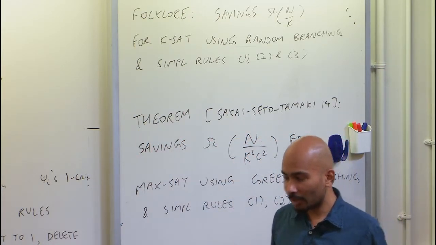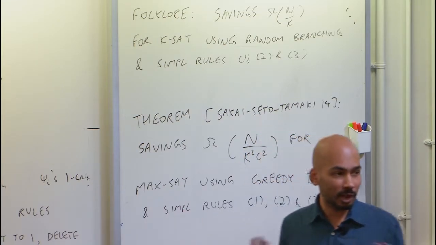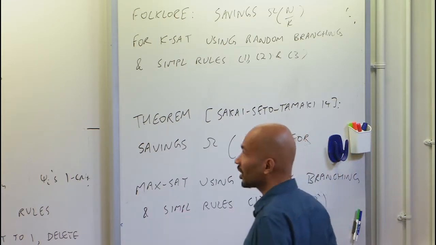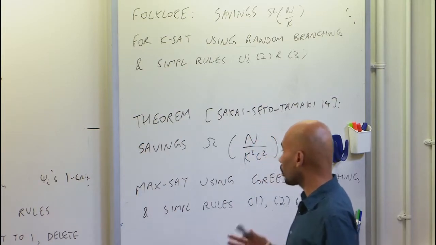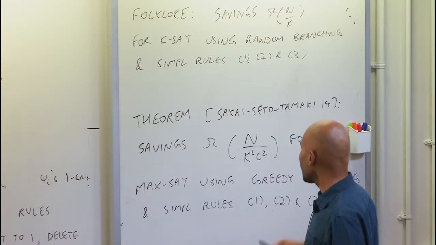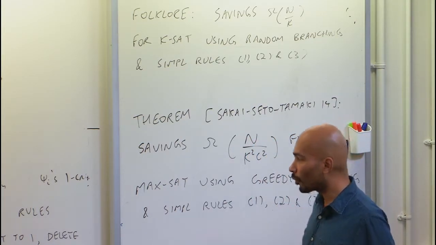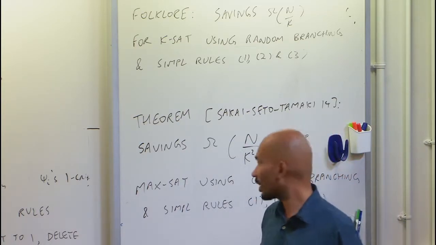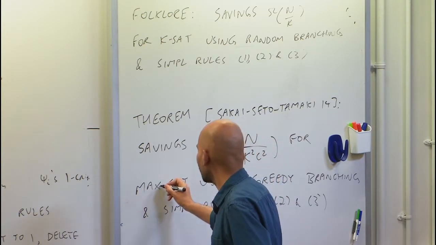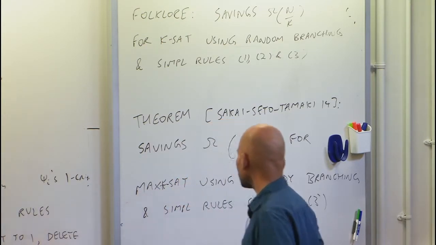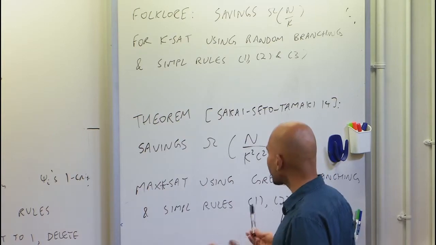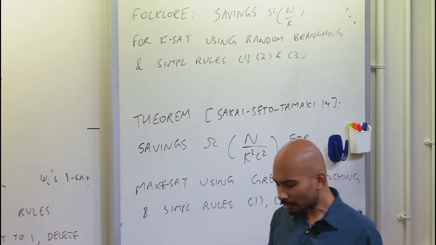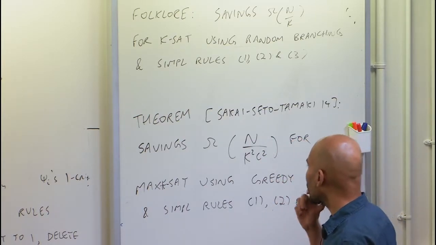You're just going to pick a variable which occurs the maximum number of times in your formula and branch on that. So that's going to be the branching heuristic. Again, a very simple branching heuristic, and also one that you can implement deterministically. And with that branching heuristic and these modified simplification rules, they get savings that's n over k squared c squared for Max k-SAT. So I should say it's Max k-SAT with cn clauses. Okay, so that's the result.